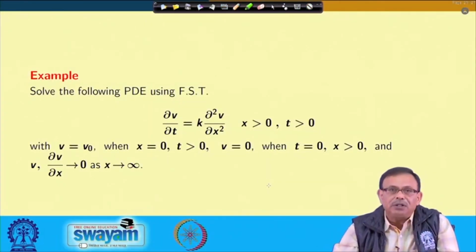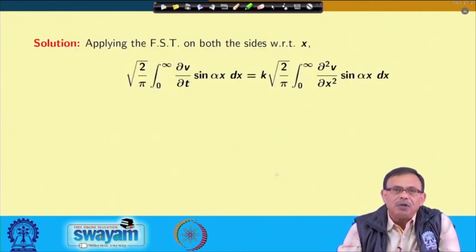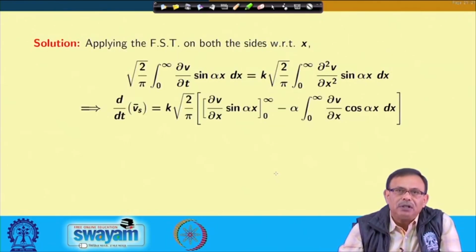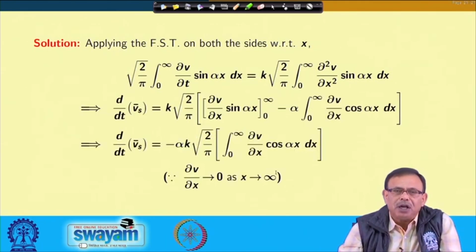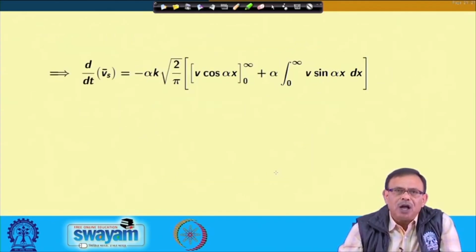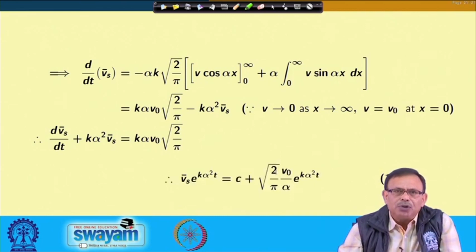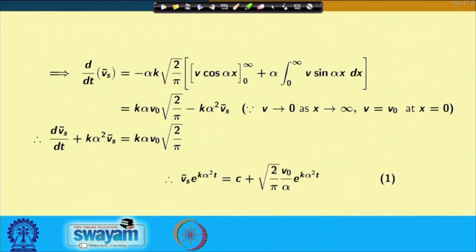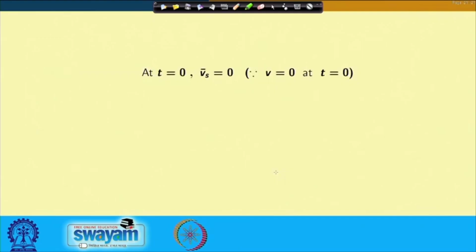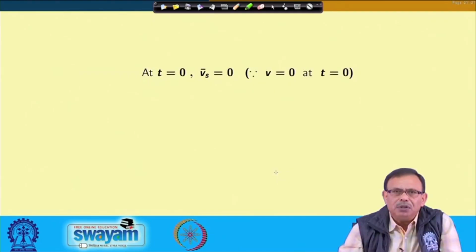Because the solution process is a little different, the initial part is the same. By substituting the initial conditions, I am getting the ordinary differential equation as this, whose solution is written as v bar s equals this thing. And once I am obtaining this, at t equals 0, v bar s is 0, since v is 0 at t equals 0.